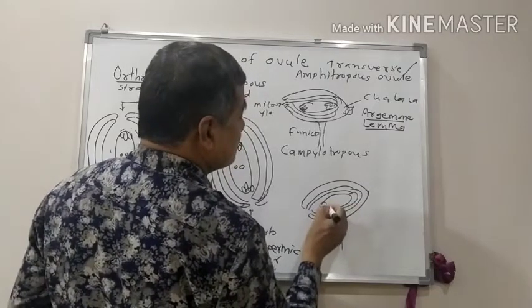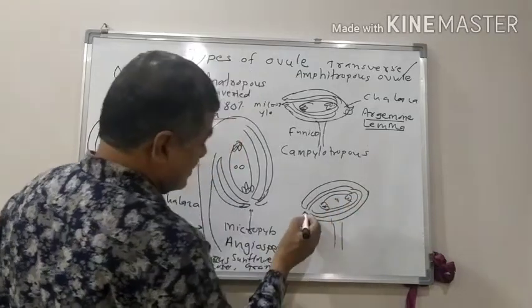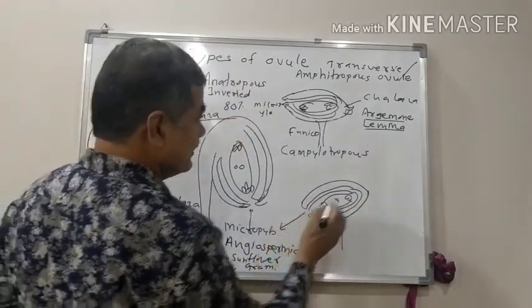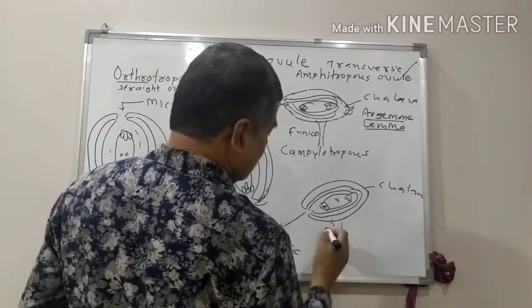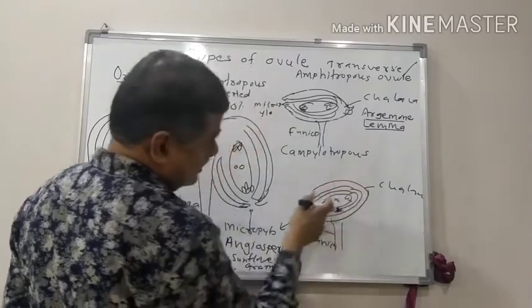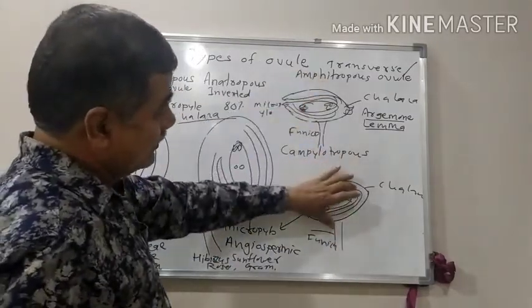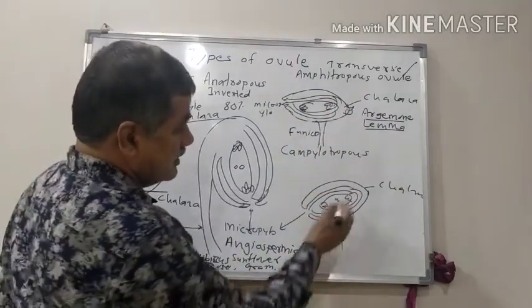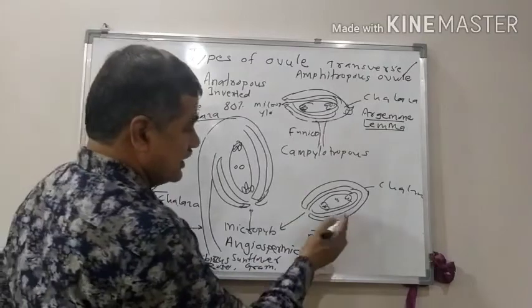That is the embryo sac. Here this one is the micropyle, this one the chalaza, and this one the funicle. So similar to amphitropous, the campylotropous ovule is somewhat curved.